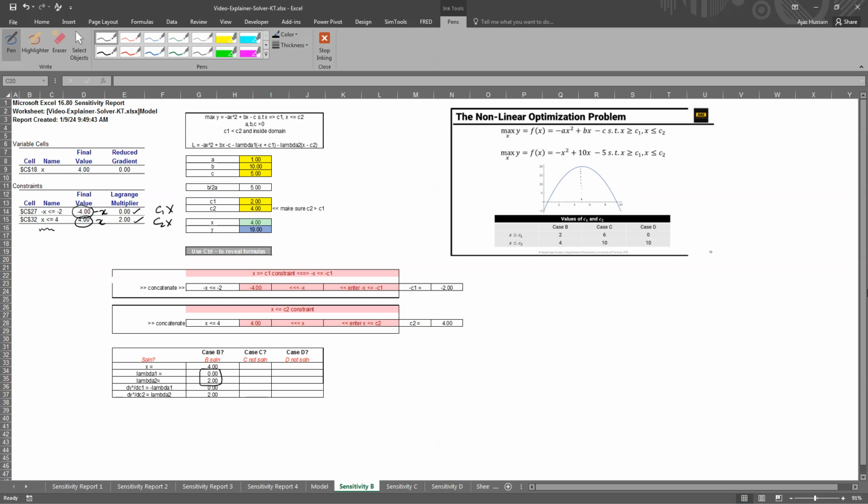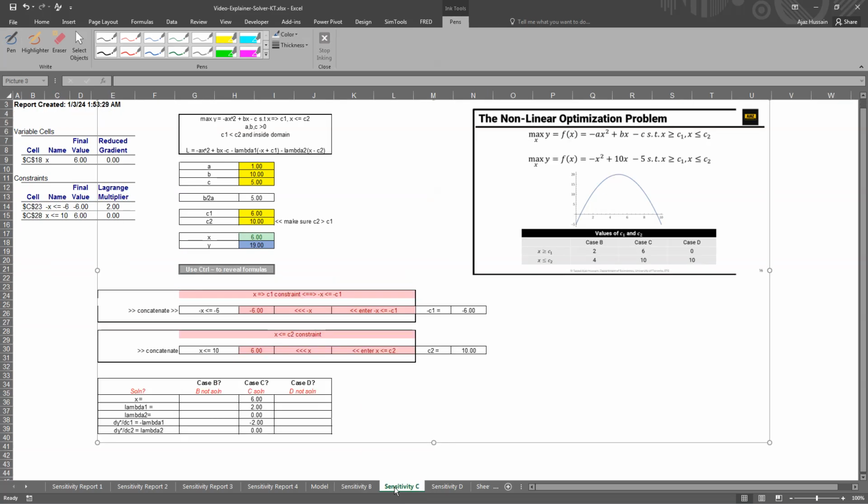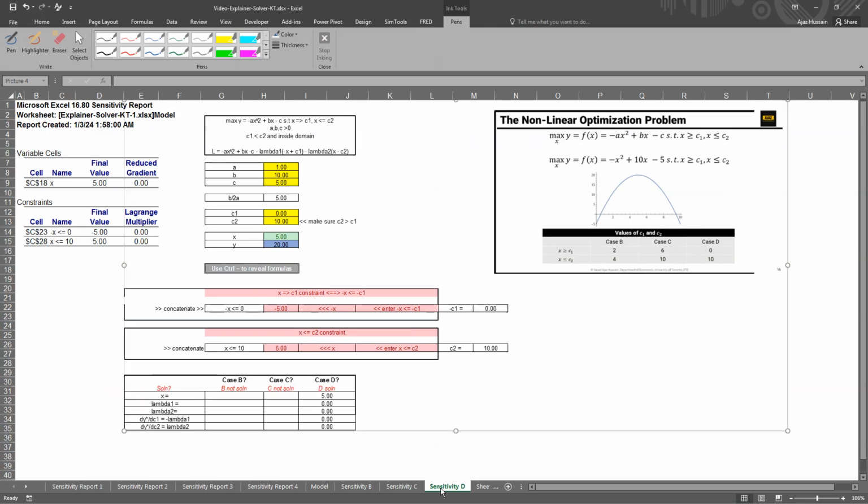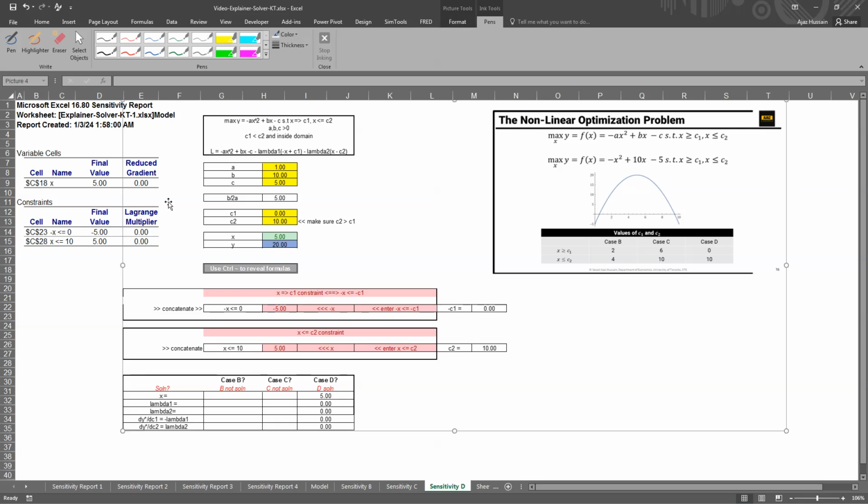So if you do it this way, then you'll get nice looking reports, and you can check for yourself that in fact the sensitivity report for C are also giving the right values. 2 and 0. And then for case D, you're supposed to get 0, 0. And that's exactly what you see here, 0, 0.